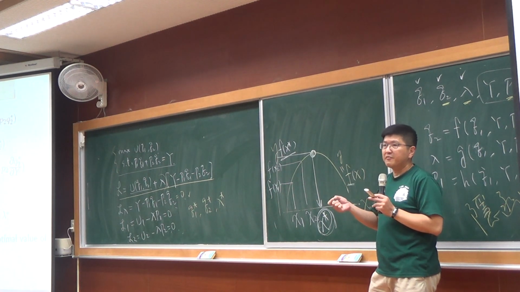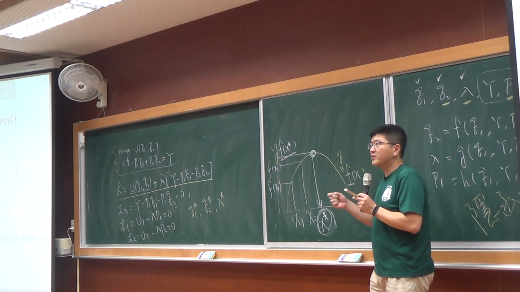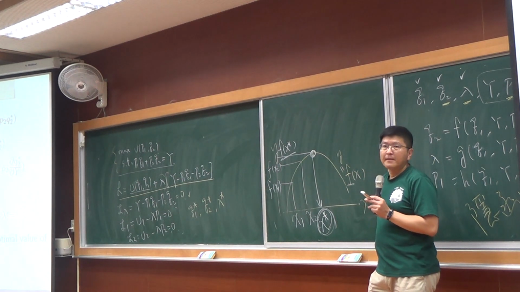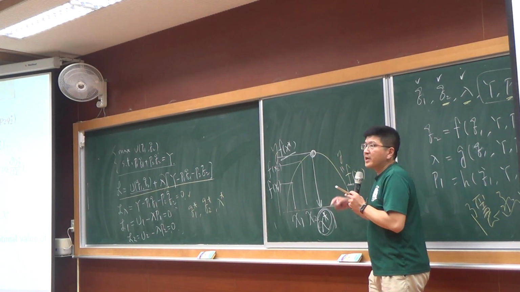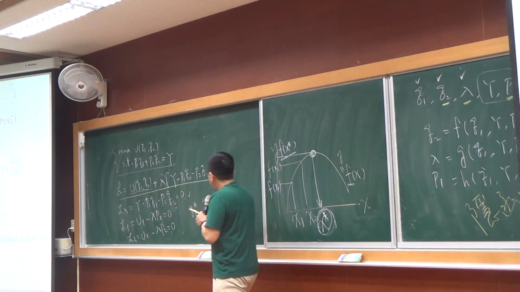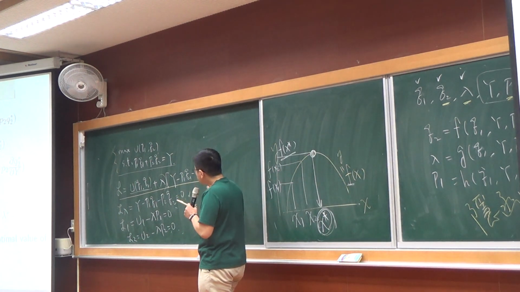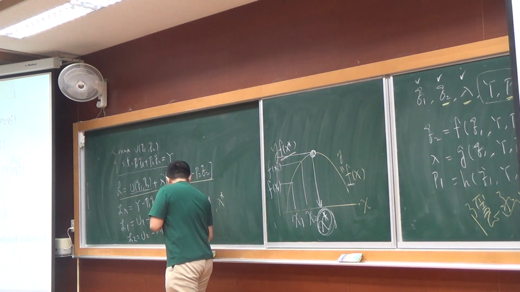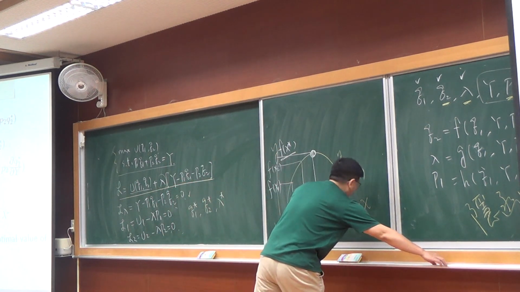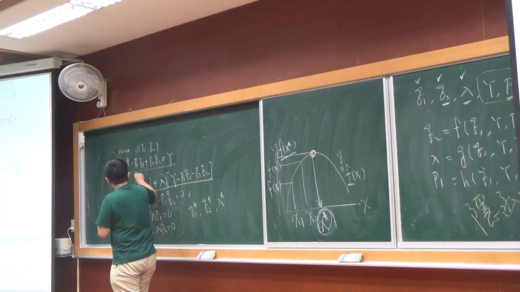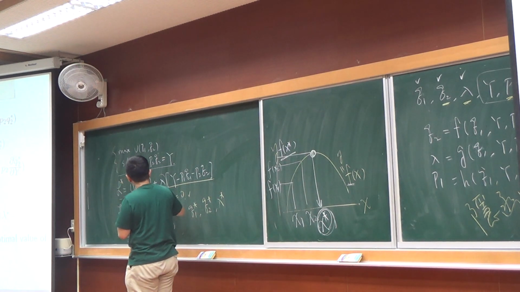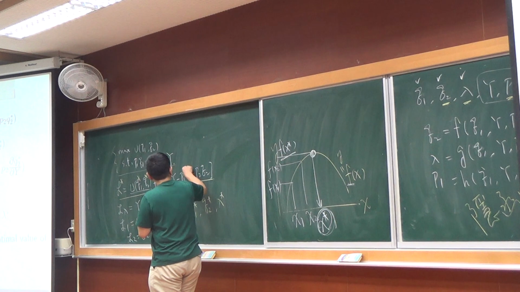The stationary value is the function value of the critical point, or the critical value. Okay? So we are doing the same thing. We just replace the critical values back into the function, and we would have lambda star, q1 star, q2 star.